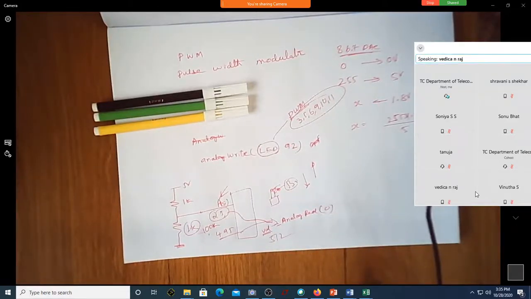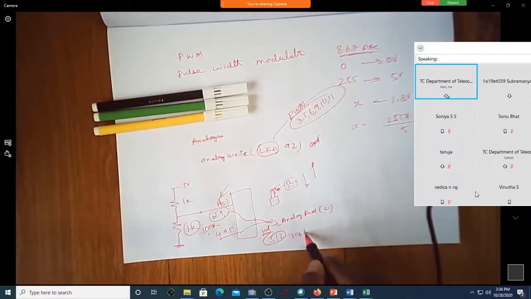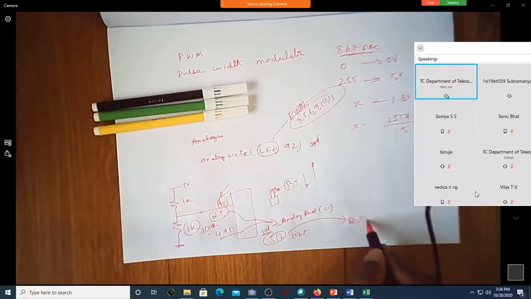See now, 512, is it not half of 1024? Yes, sir. Is 2.5 not half of 5? Yes, sir. So this is coming out from the 10-bit ADC. This has to be written onto an 8-bit DAC.